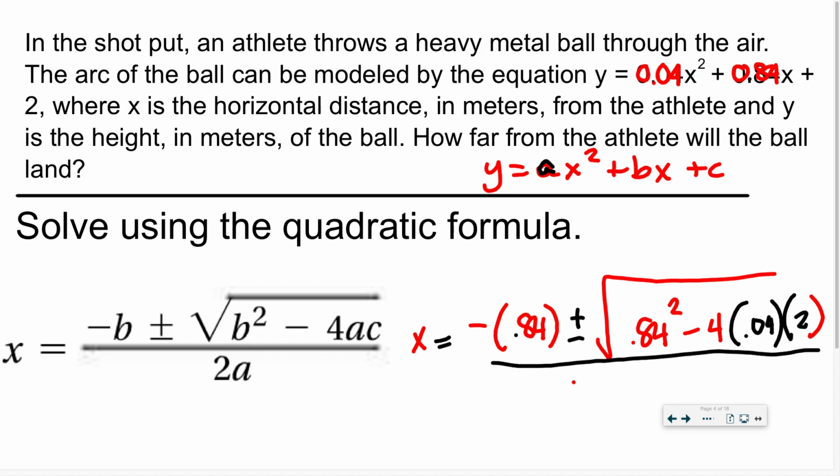All over 2 times 0.04, which some of you missed, that A at the bottom. I saw it while I was grading. Now, for this type of question, you would have a calculator. You would not be expected to calculate a quadratic like this without a calculator.